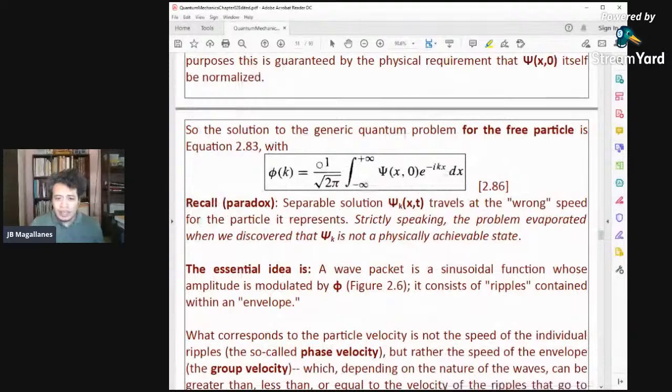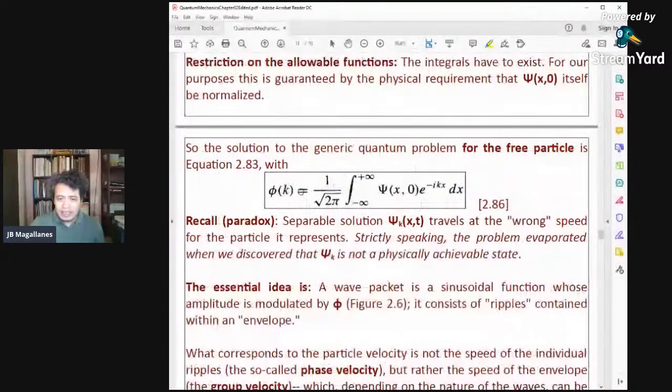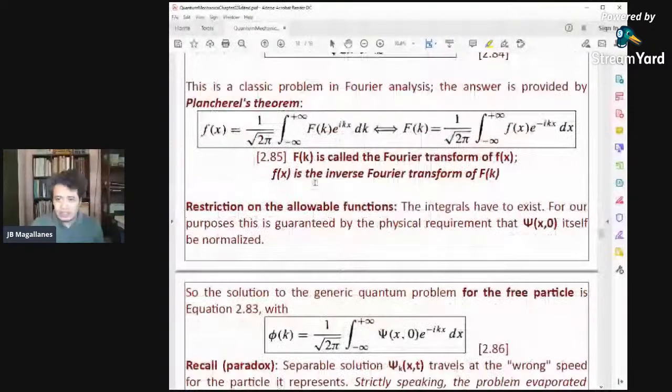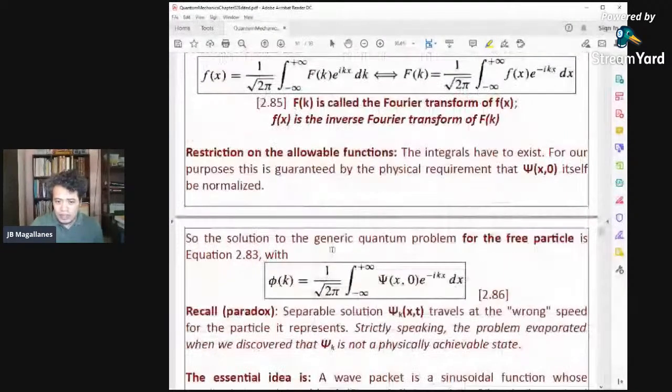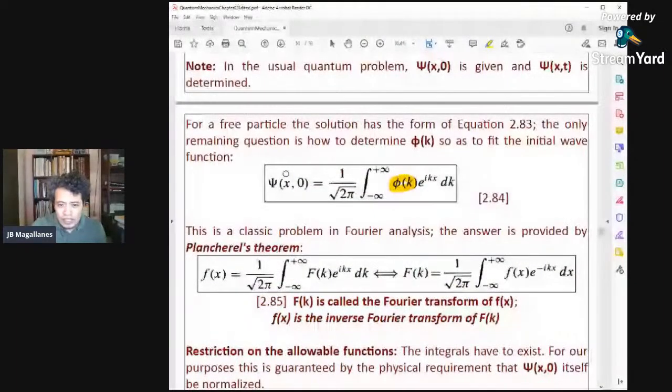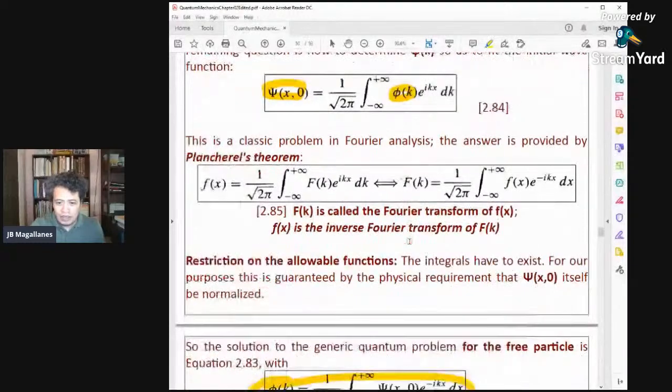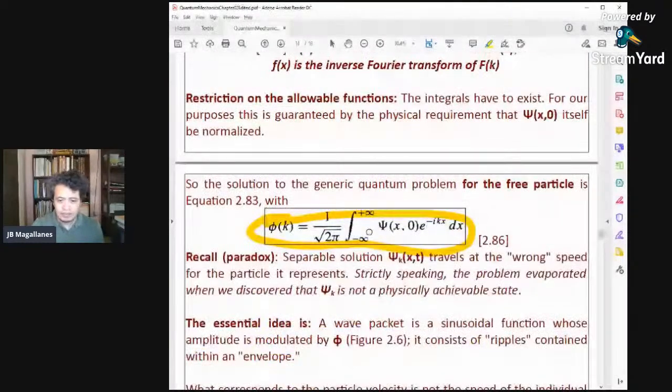So again, phi k, which is here, would just be this one. If you know this form, then you'll be able to get this by doing this integral.